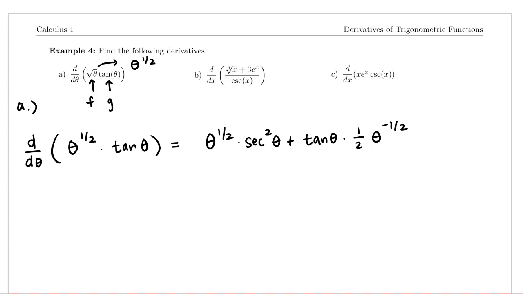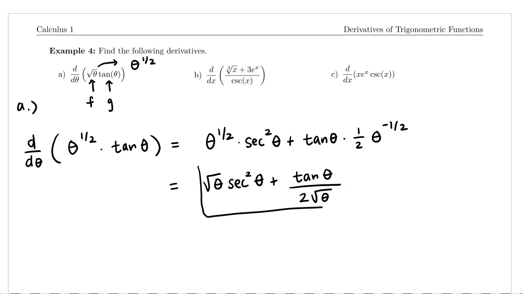We can clean that up if we'd like, or we can just leave that as is. I'm okay either way, whether you simplify this or not. All right, so there is our final answer for part A.